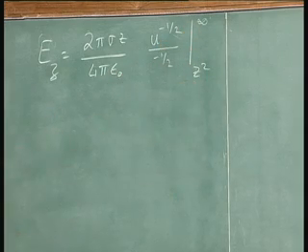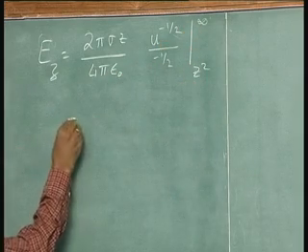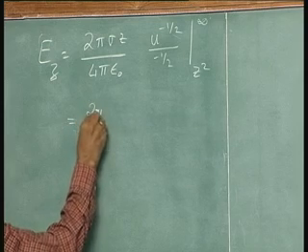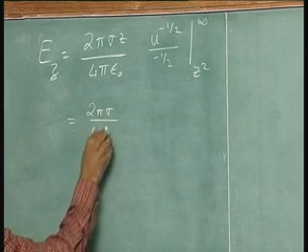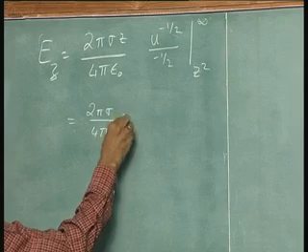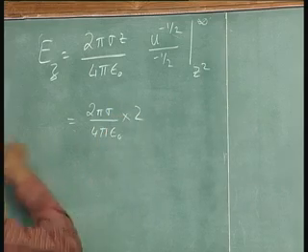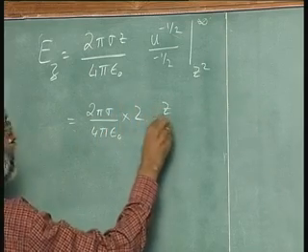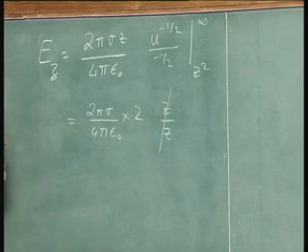So, you are left only with this piece. And so, you get 2 pi sigma over 4 pi epsilon naught times a further factor of 2 times z over z, which cancels out.